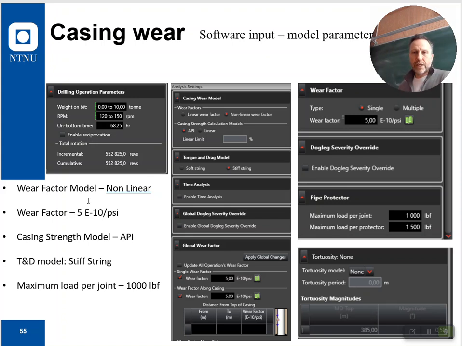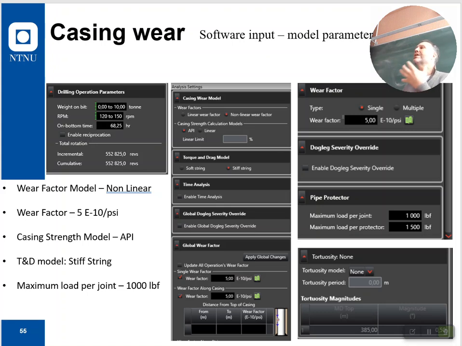Wear factor modeling, non-linear, wear factor 5, casing strength model, API, torque and drag. We use stiff string. If you don't use stiff string, the drill pipe will be looked at as a rope, which gives you quite accurate calculations. But the stiff string is supposed to add the steel's resistance to bending.